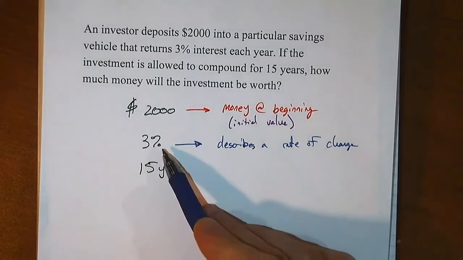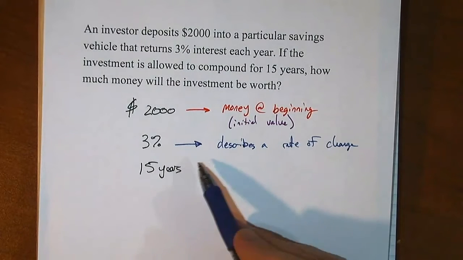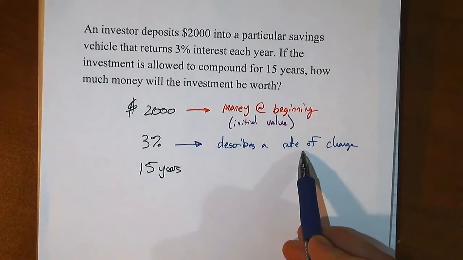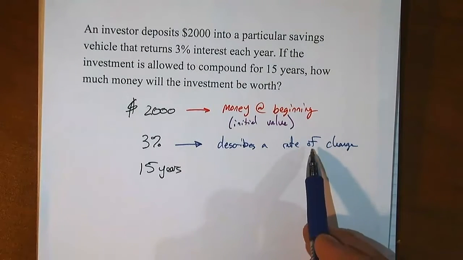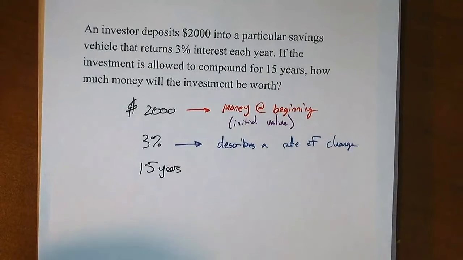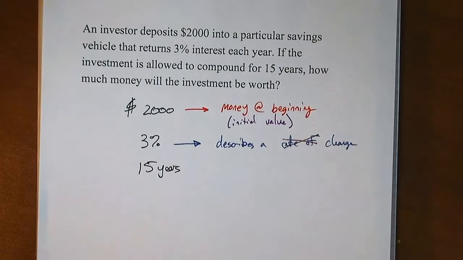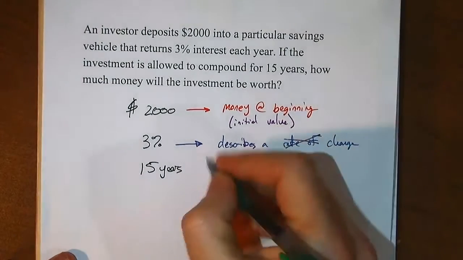This is not the same as a slope, right? Because this is exponential growth, not linear growth. We usually talk about rate of change as describing slope. So maybe this is a bad choice of words, but it's definitely describing some kind of change. Maybe I just say change. Is that okay? All right, and then last but not least, 15, well, that's how much time goes by, obviously.